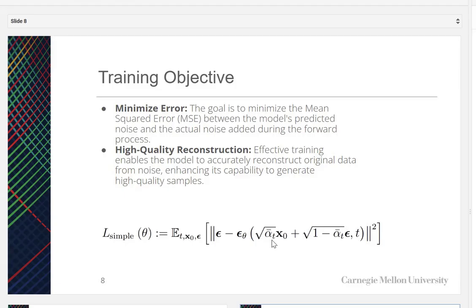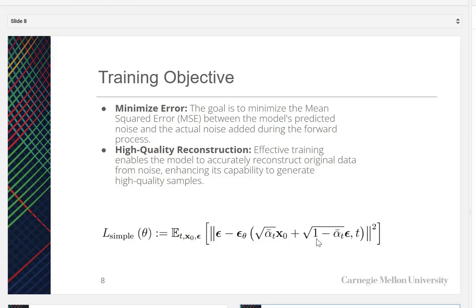Also, the square root of alpha t scales down the original data by a factor of the square root of alpha t, reducing its contribution as t increases.